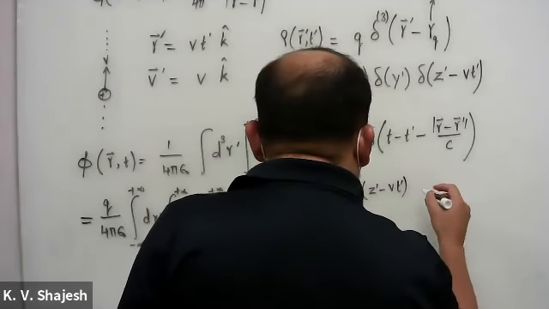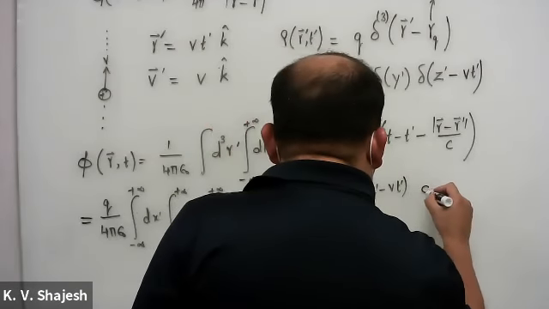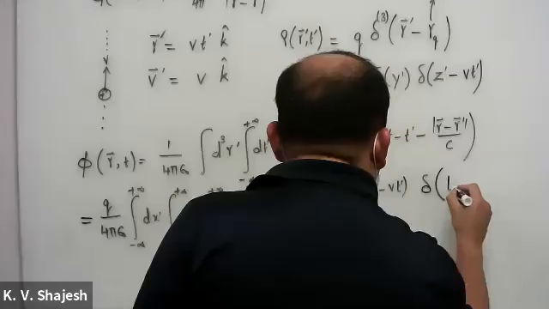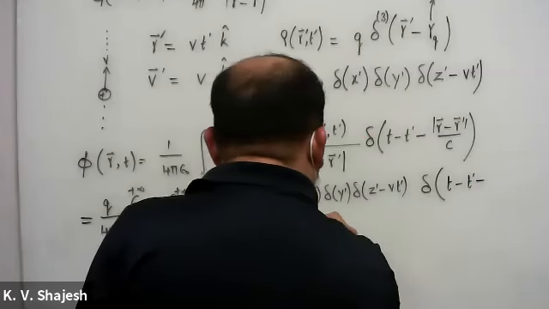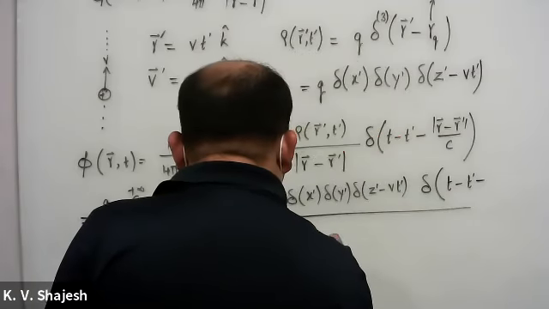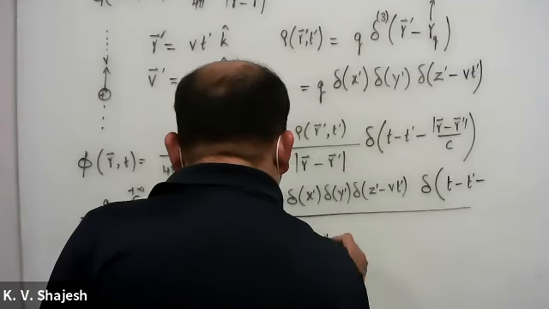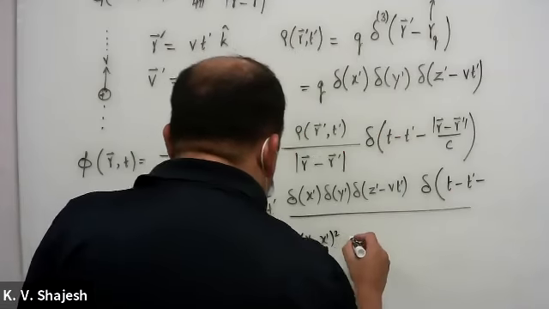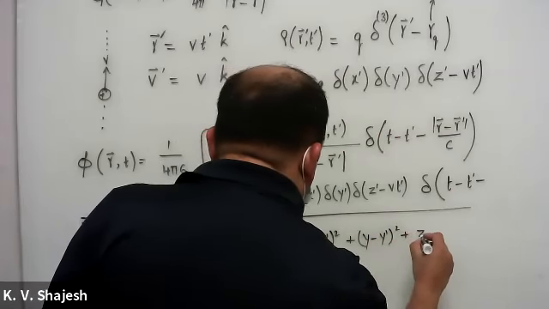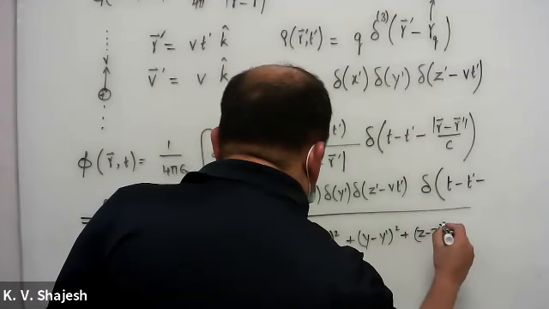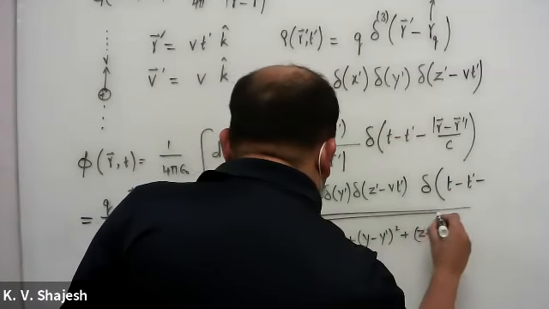and multiplied by this delta function, which I'll write in a minute. But the denominator here is the square root of x minus x prime squared plus y minus y prime squared plus z minus z prime squared.